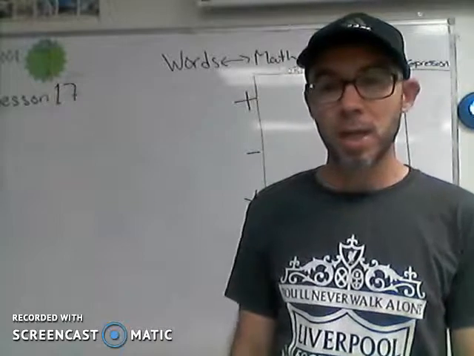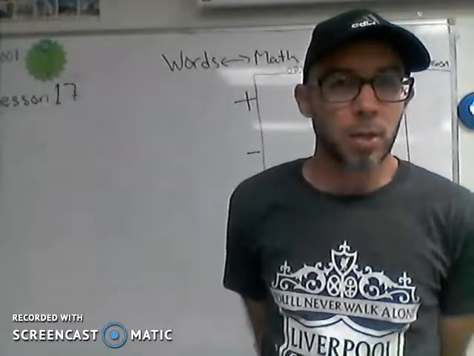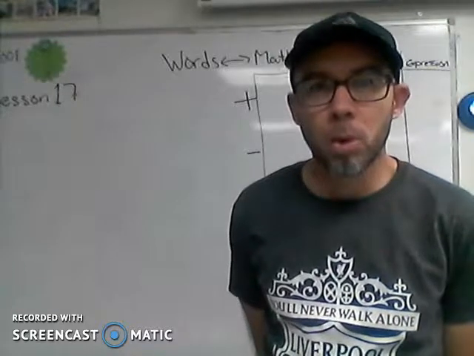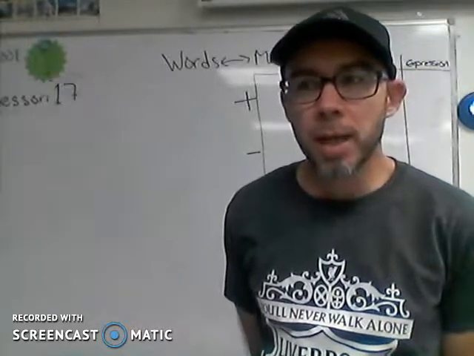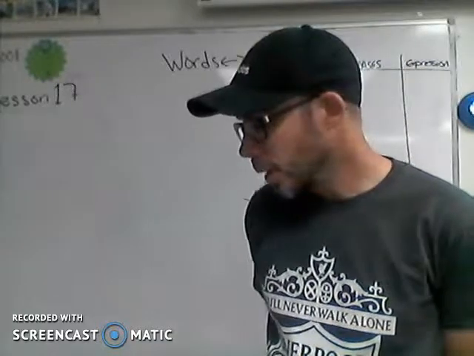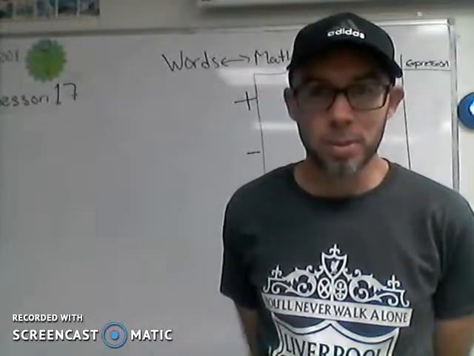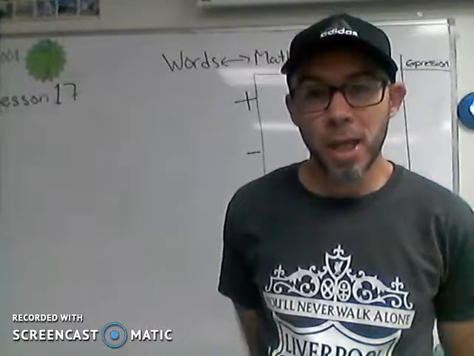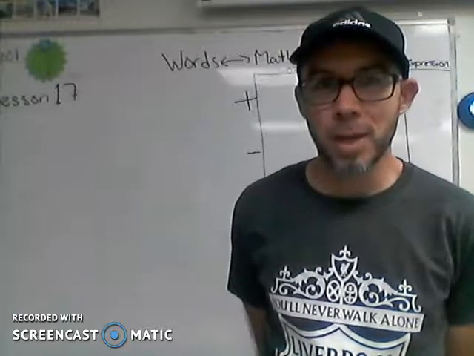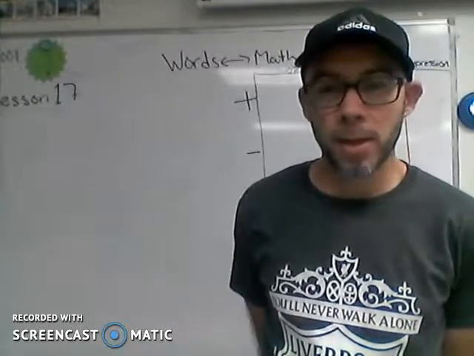One thing I want you to do in your work is to practice saying these operations in different ways. Instead of just saying 4 added to 3, or P added to something, or saying the word plus. Plus is not an operation. I plussed it, or I minused it. Please don't say that.